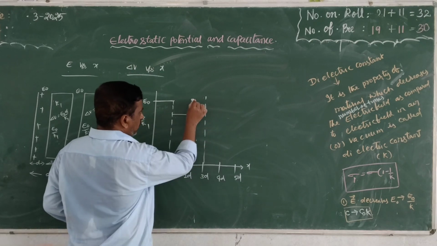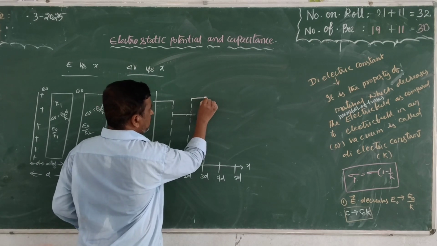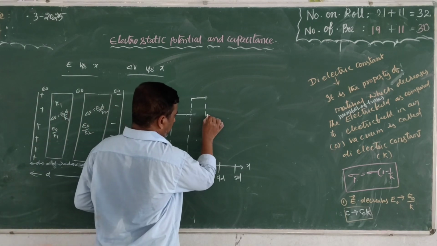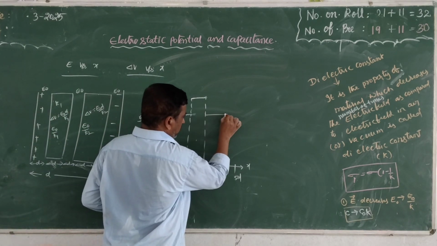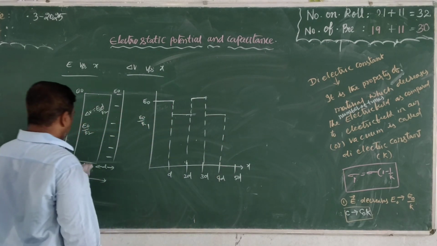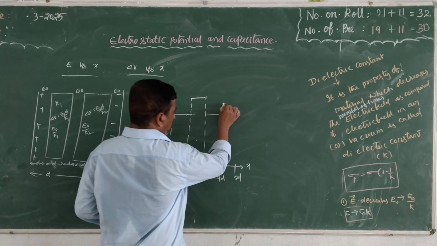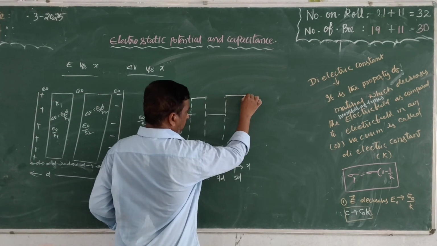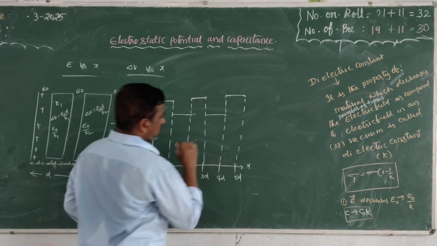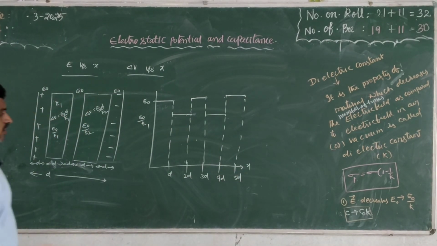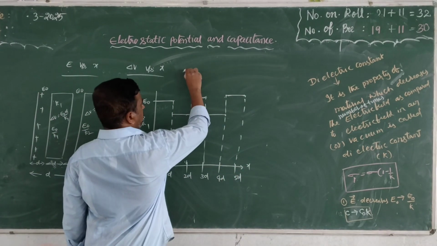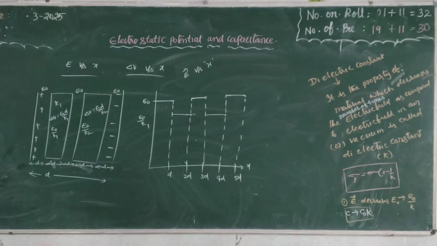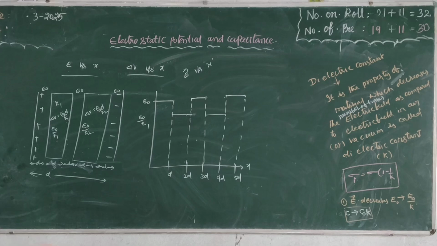Again a dielectric is there, so it changes, E naught by K2. Again empty space, again maximum. So like this it is the graph for electric field versus x distance.